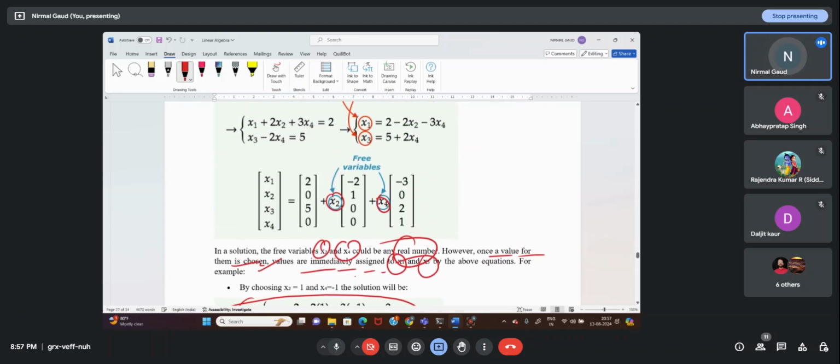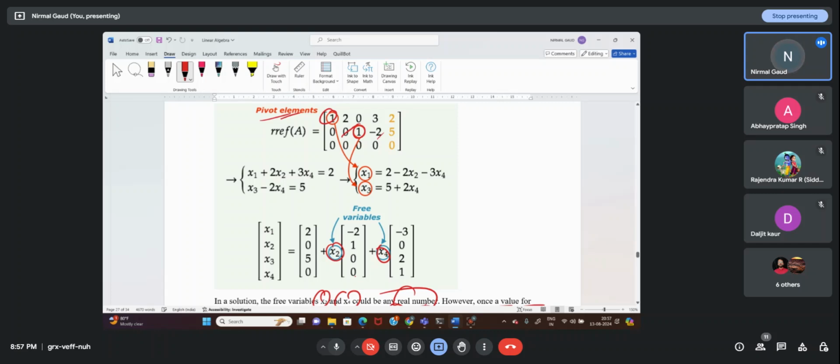They are organizing the equations in this way. From this, I can write x1 plus 2x2 plus 3x4 equal to 2, and x3 minus 2x4 equal to 5.